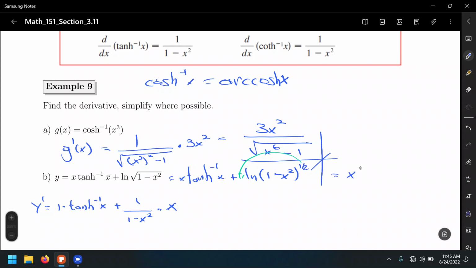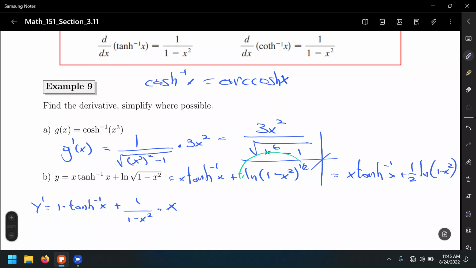That's going to become x tanh inverse of x plus 1/2 ln of 1 minus x squared. If you look at this second term, it will be a lot simpler to differentiate rather than having those crazy radicals I had before.